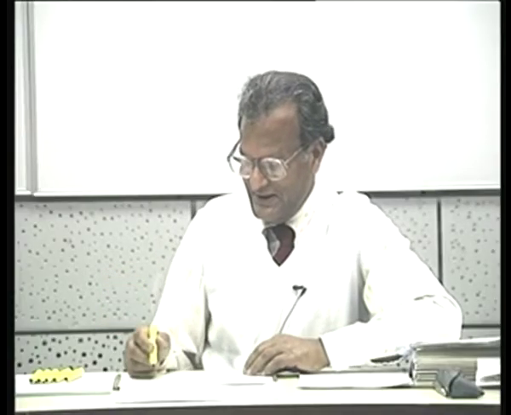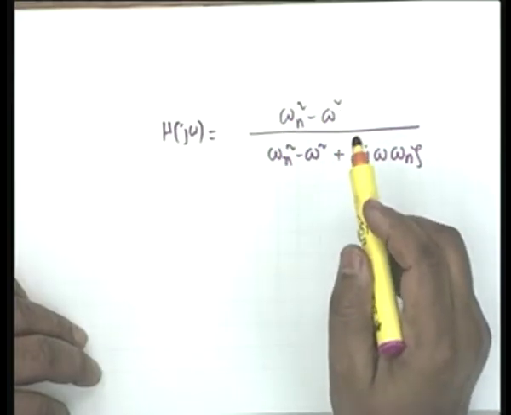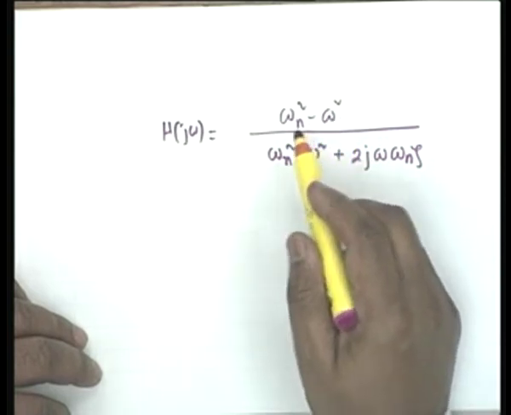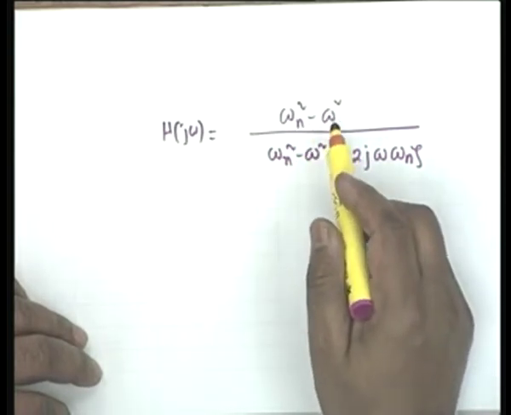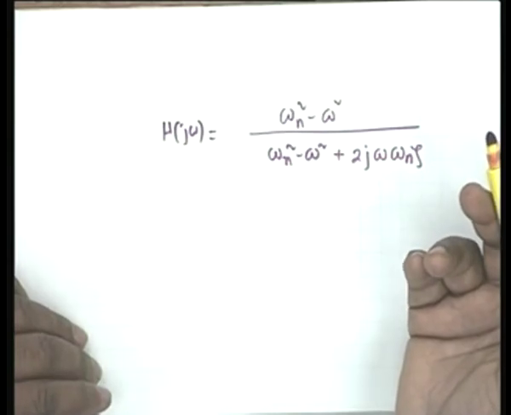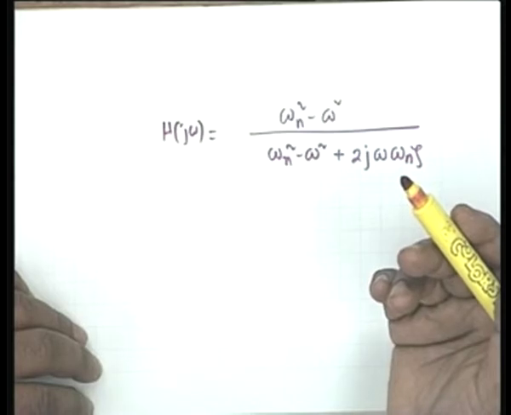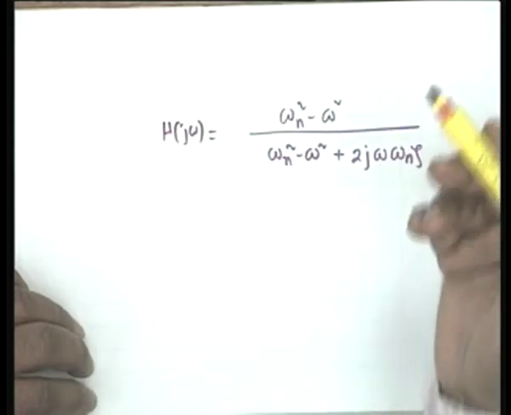About as far as phase is concerned, you notice that the numerator term is positive if omega is less than omega n, and is negative if omega is greater than omega n. Obviously there is a phase transition through 180 degrees at omega equal to omega n.